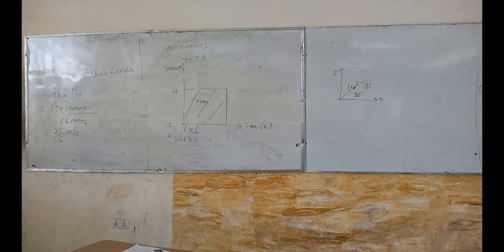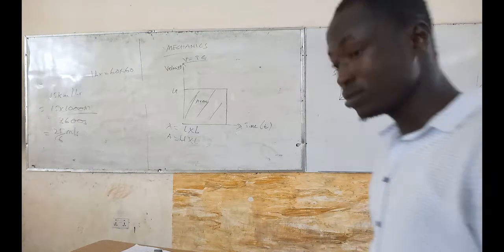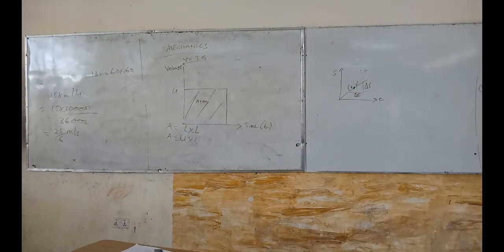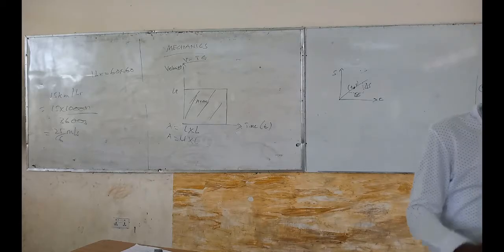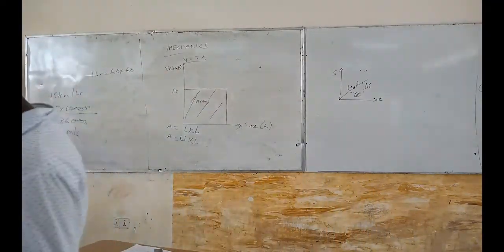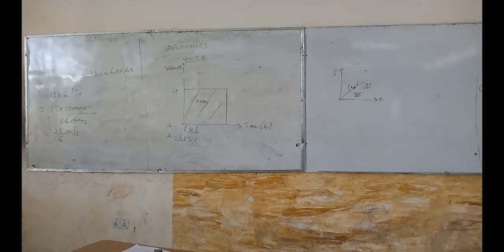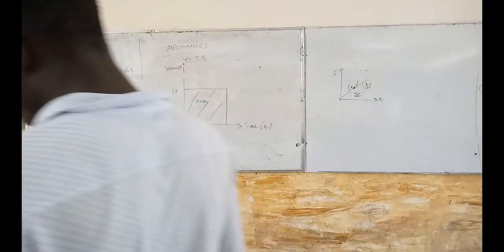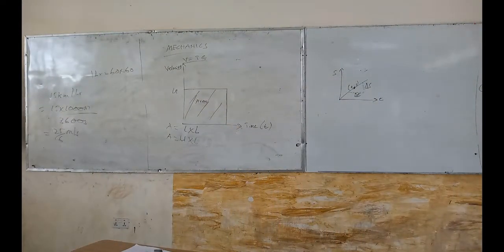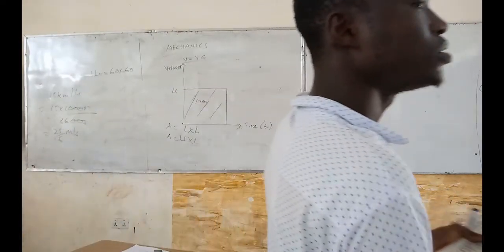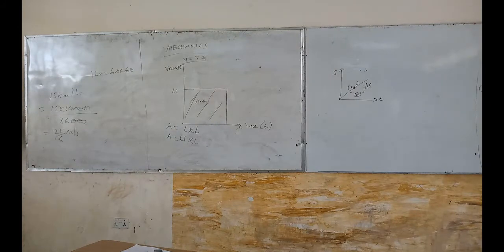A car accelerates along a straight road from rest to 75 kilometers per hour in 5 seconds.